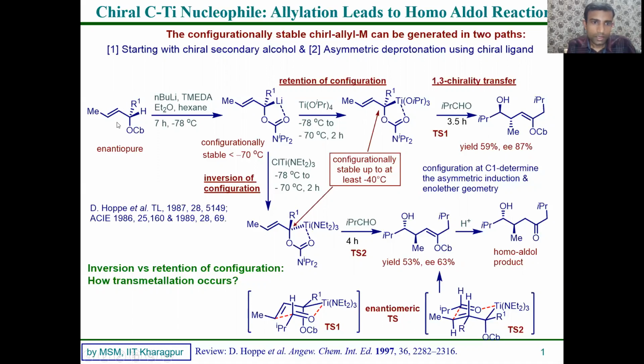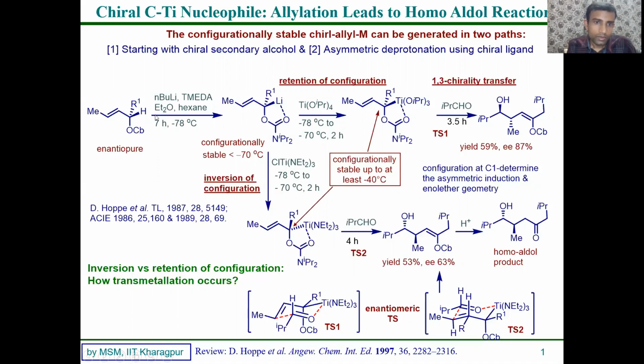Okay, so in that way, let us discuss this reaction here. If you start with a chiral secondary alcohol, you have one hydrogen free, and protecting this O as a carbamate will give us this substrate. So Cb is this group, a carbamate.